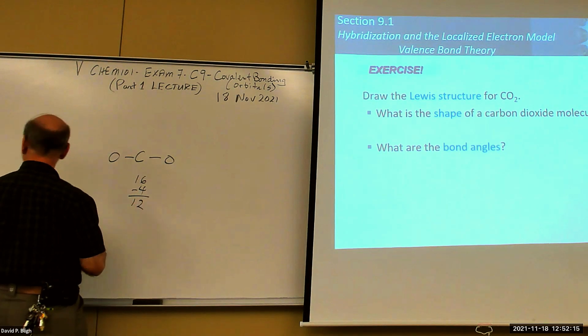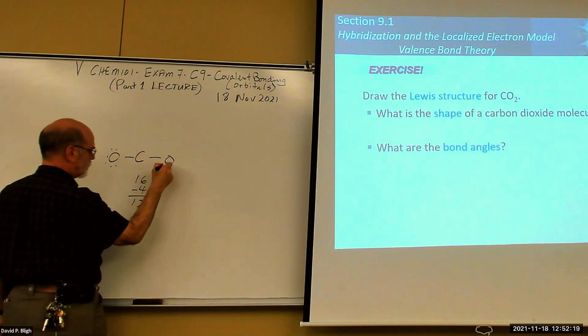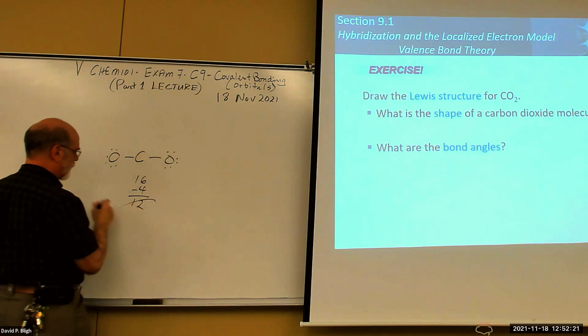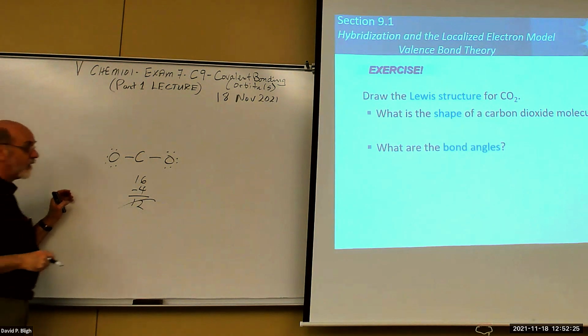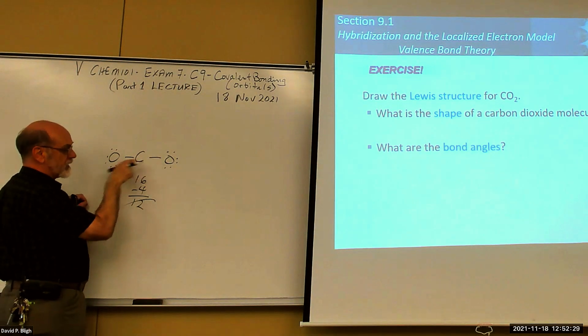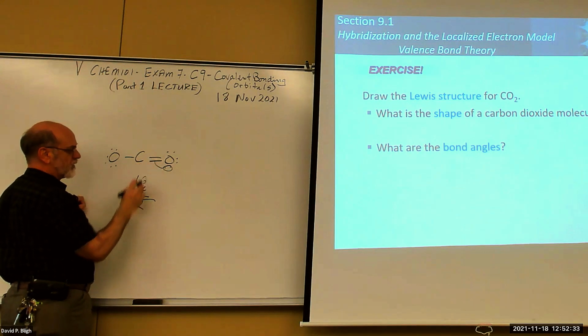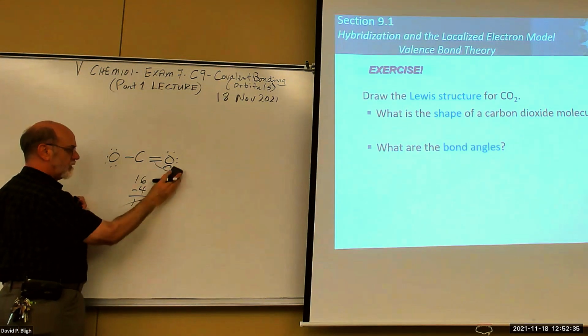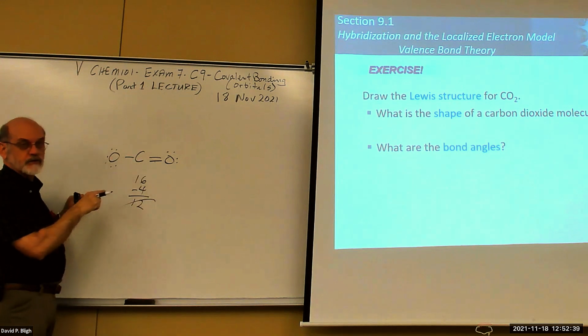So we have 12 electrons left over. All used up. Okay. So now we want to make an octet. The best way to make an octet out of these is to move that pair over here, make another bond. That still preserves oxygen's octet and works into carbon's octet.